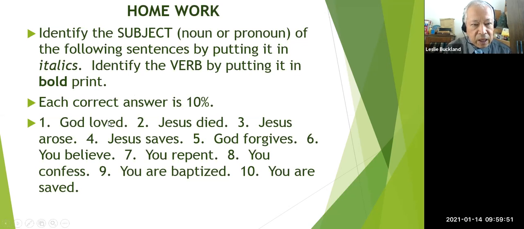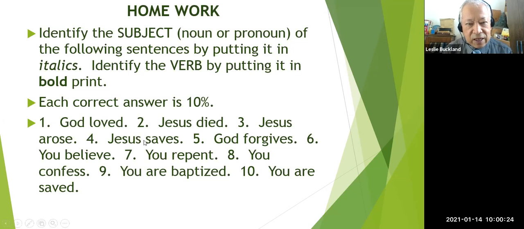So, what I would like you to do, whether it is on a piece of paper or on your email, you can type these sentences now, but when you type them, I want you to make sure that whichever is the subject in the sentence, you put it in italic print, and whichever is the verb, you put it in bold print.